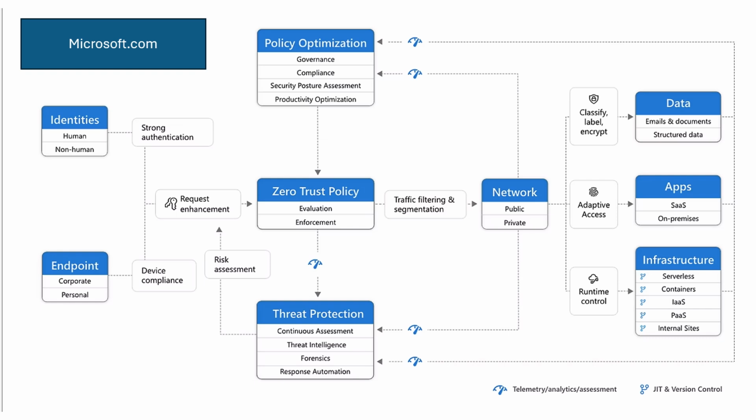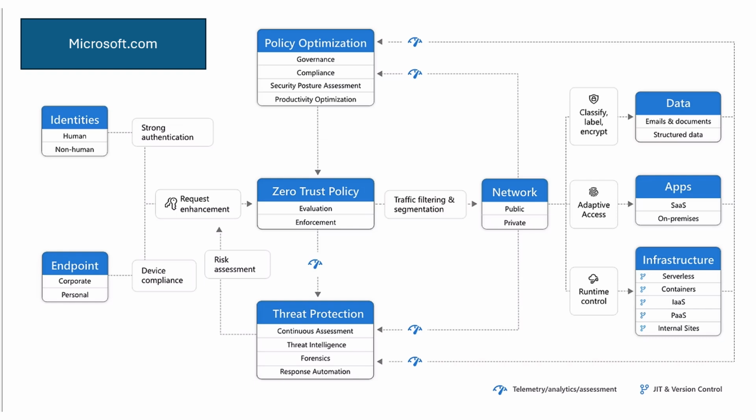Least privilege limits users' and devices' access rights to only what is necessary for specific tasks, reducing the potential impact of a compromise. The assume breach mindset encourages organizations to operate as if their network is already compromised, emphasizing rapid detection, response, and mitigation strategies to limit the damage.